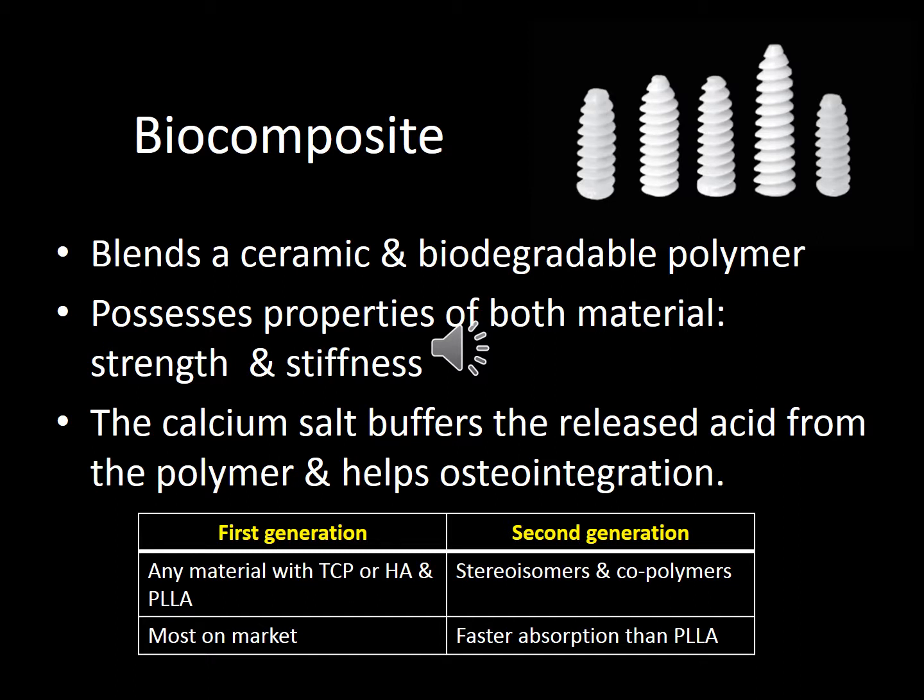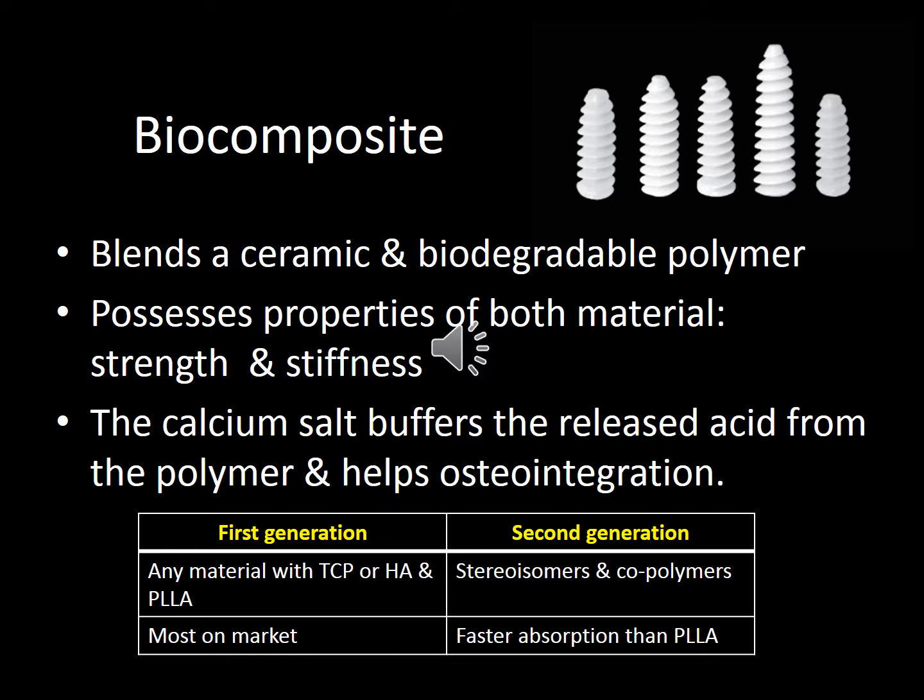Biocomposite screws are the latest addition to the biodegradable implants. These are made from biodegradable polymers reinforced with an osteoconductive bioceramic. They possess the strength and stiffness properties of both materials.